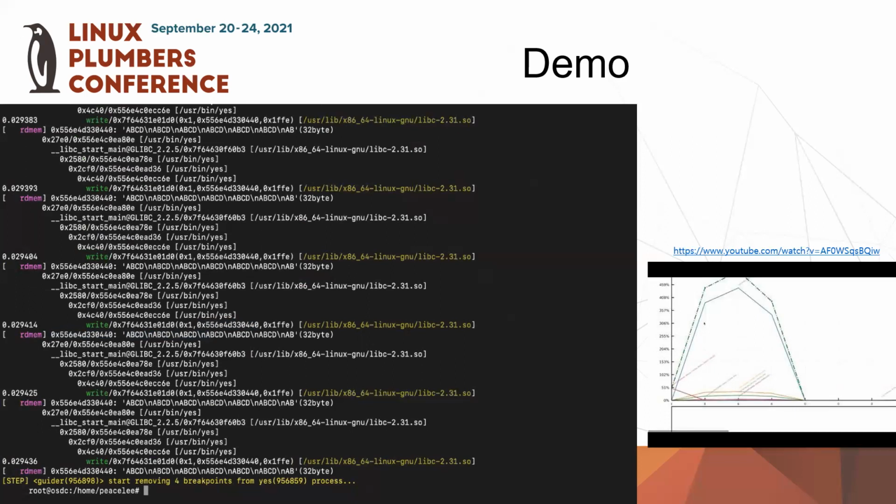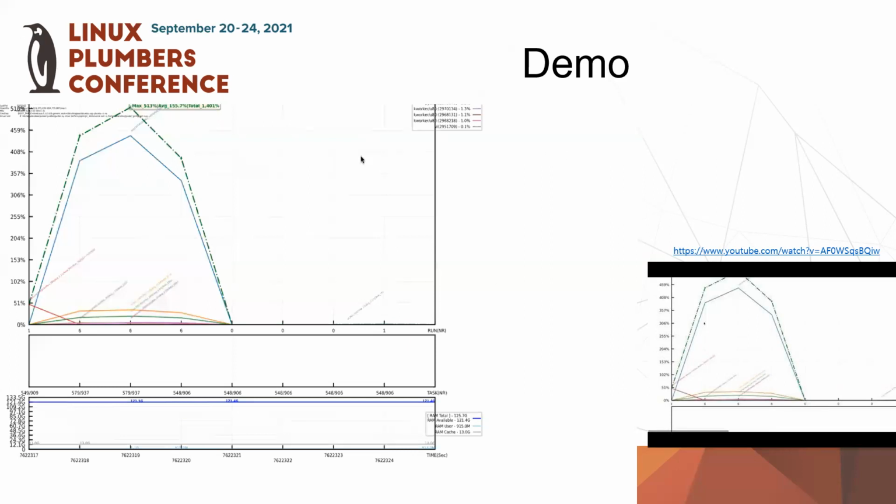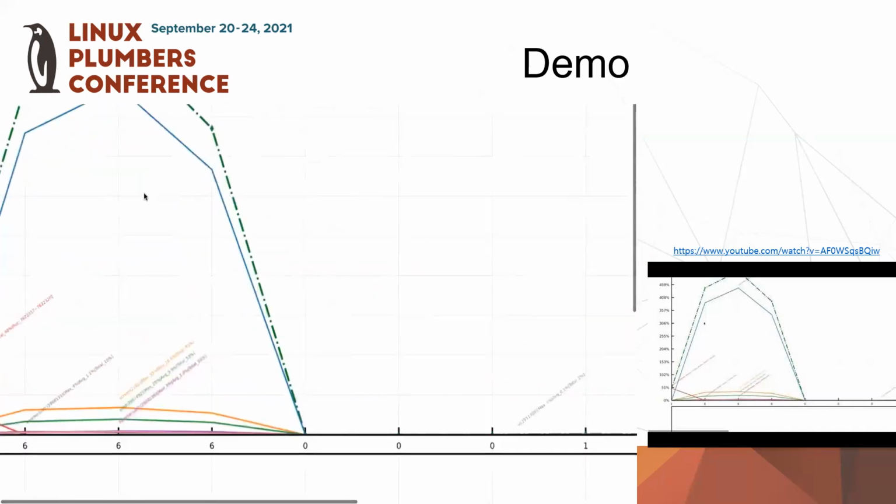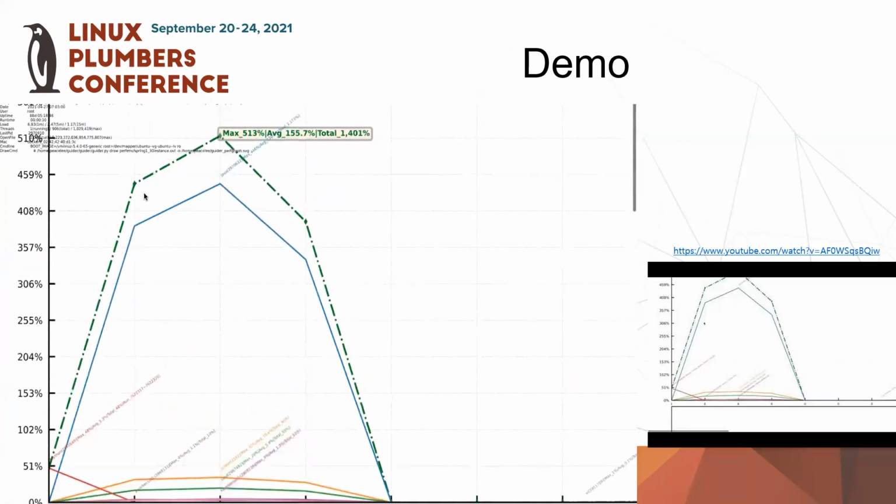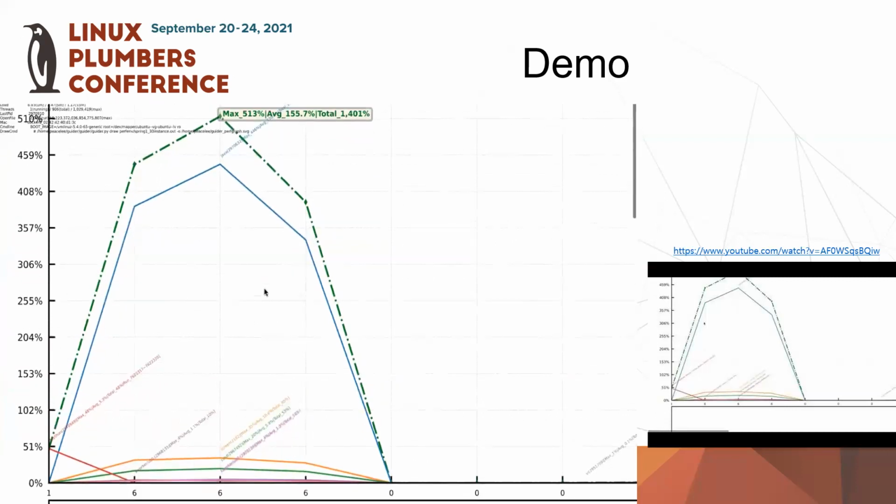Next feature is visualization. This is a performance graph showing system resource usage about CPU, memory, and I/O. This part shows CPU usage for the whole system and processes.